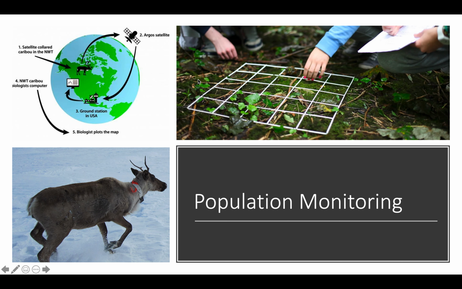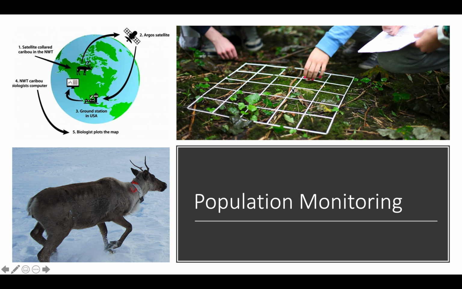Another solution to population monitoring is quadrant monitoring. So going out into the field, staking out the squares, and then determining what species are present or signs of species.